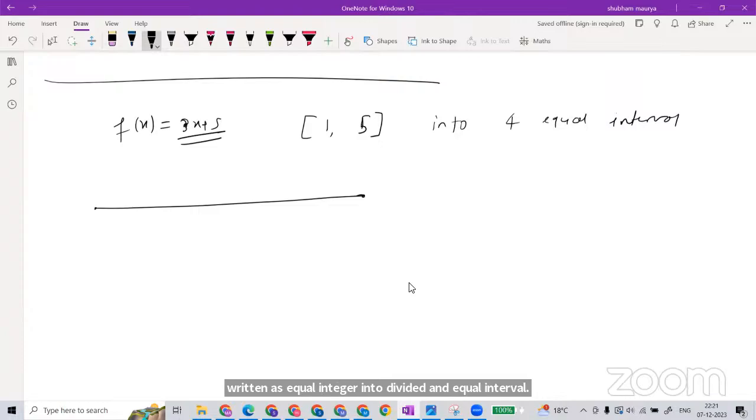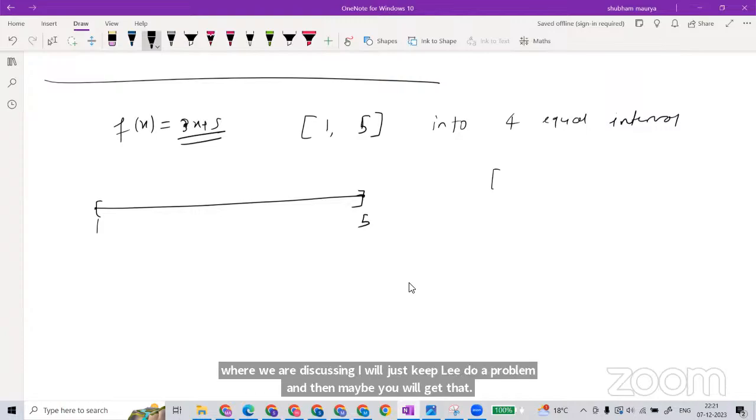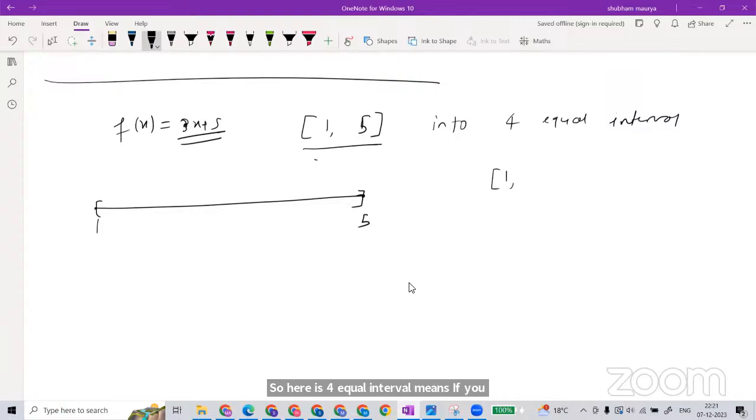That means suppose within this interval, this is 1 here, this is 5. So what does equal interval mean? My suggestion is, please go through where we were discussing it. I will just quickly do a problem, and then maybe you will get that. So 4 equal intervals means you divide this interval into 4 equal parts.